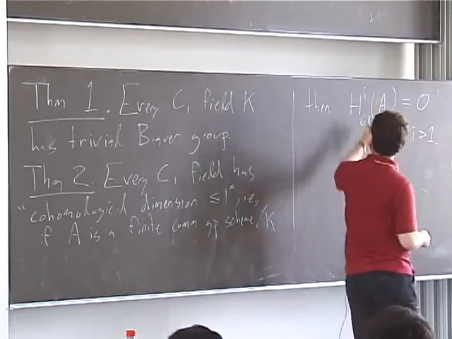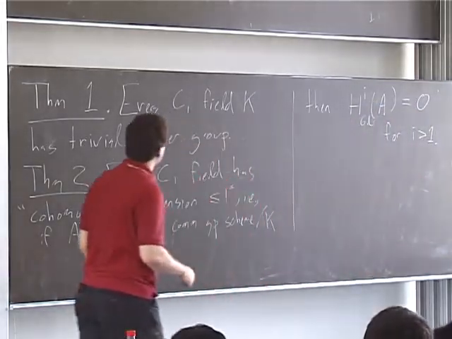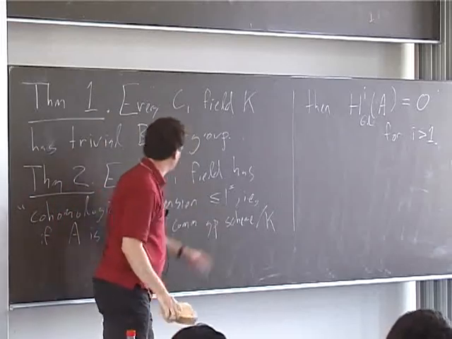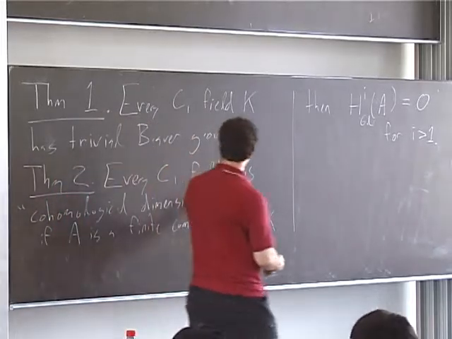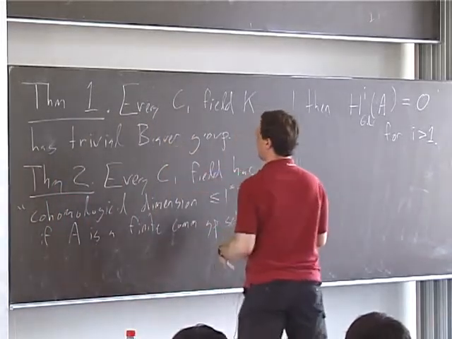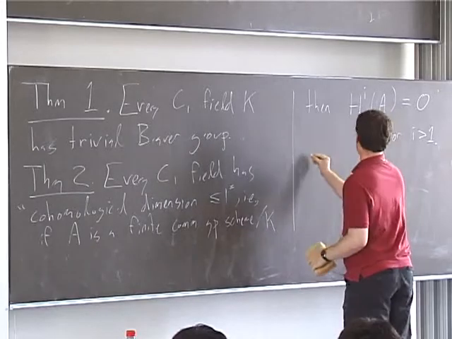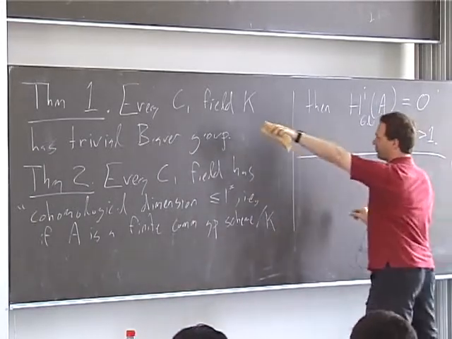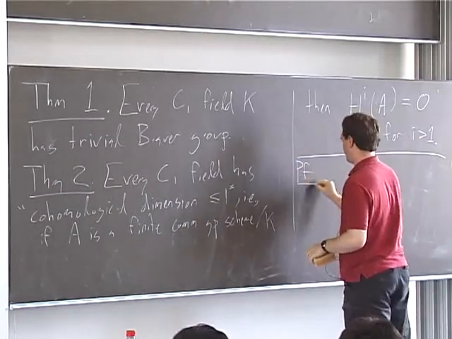So you have Galois cohomologies only for i less than or equal to 1. That's what it means to have cohomological dimension less than or equal to 1. And this in fact follows from theorem 1 just by using Kummer sequences. But what is the proof of theorem 1? So let me prove theorem 1. Again, it's very easy.